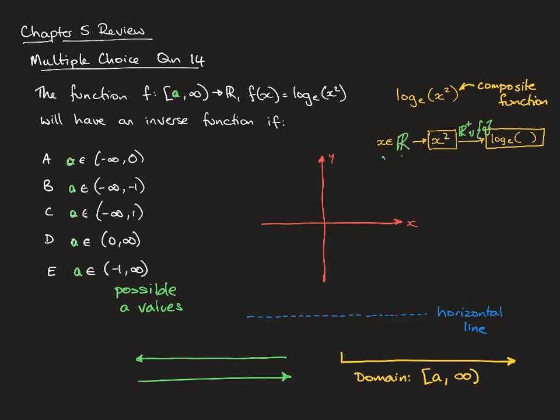So from this, our restricted domain is going to be real numbers, excluding the set of 0, because we don't want 0 going into x squared, coming out as a 0, because we can't take the log of 0. So we actually have a restricted domain here.